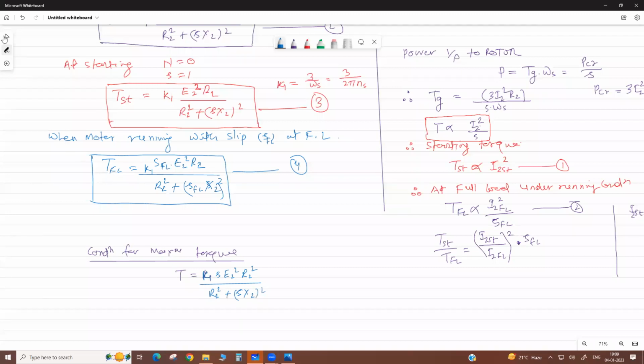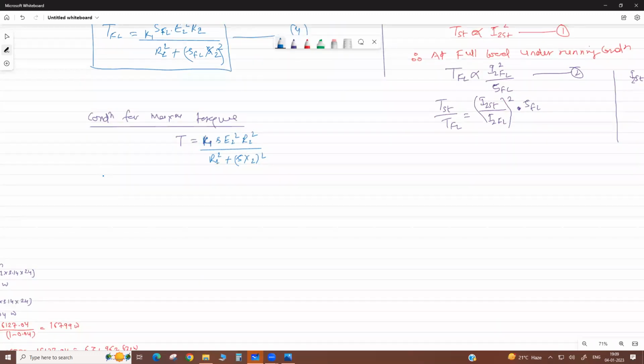So for maximum torque, we differentiate this torque with respect to slip, because torque varies with respect to slip, and set it equal to 0. Sorry, here this R is not a square.